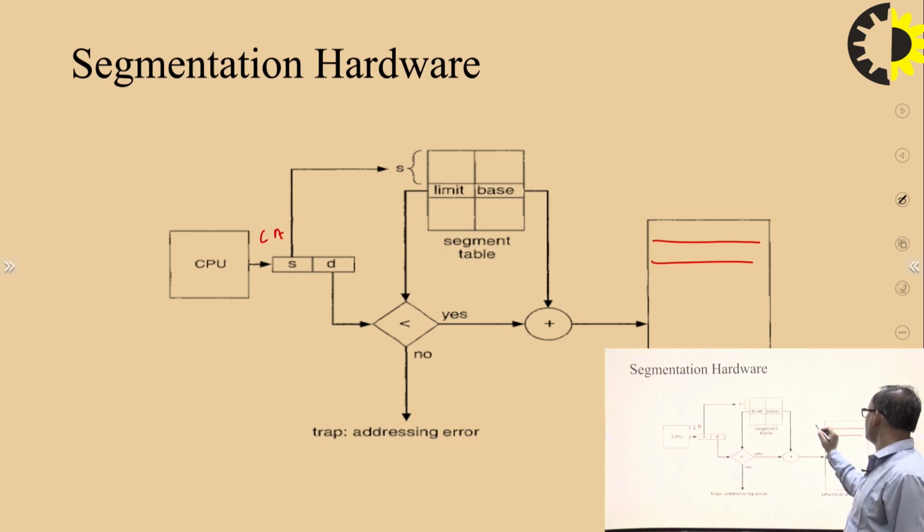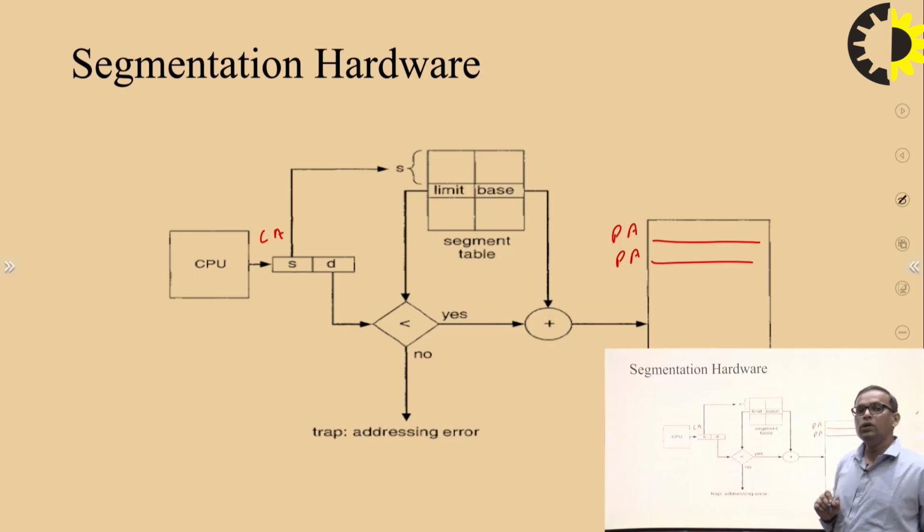Physical address belongs to the physical memory or main memory. Suppose instruction I1 is stored here and instruction I2 is stored here. In order to fetch I1, the CPU needs to know the physical address of I1.